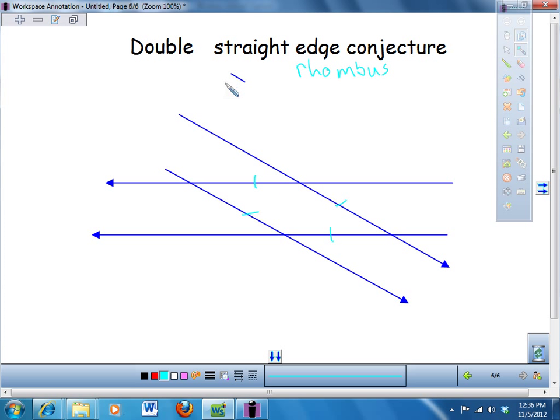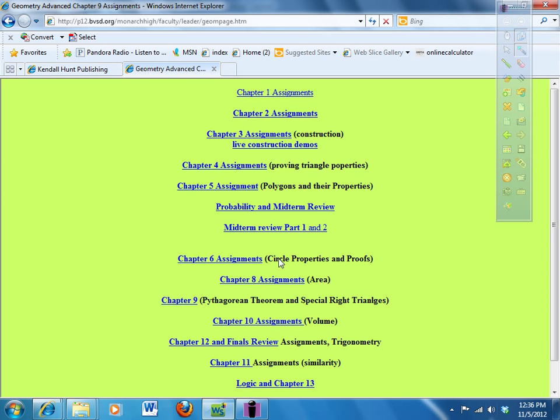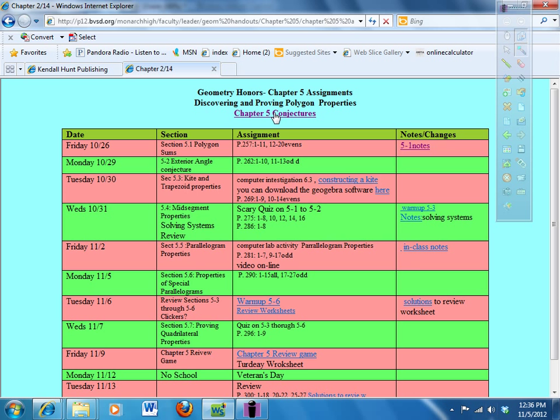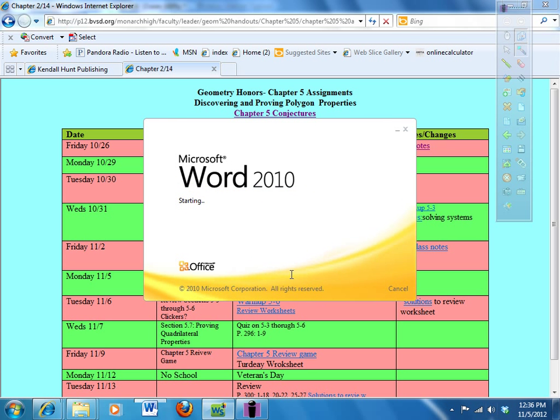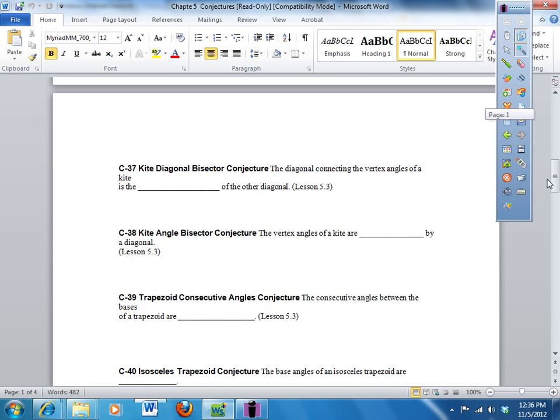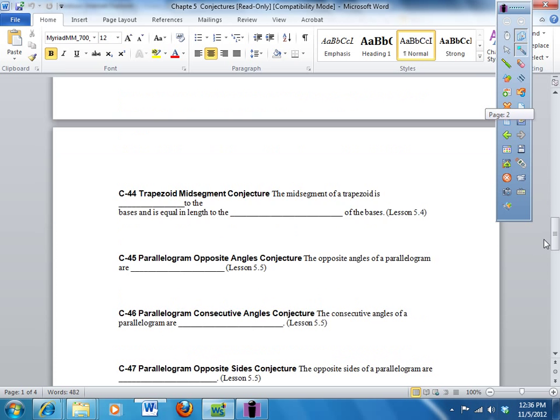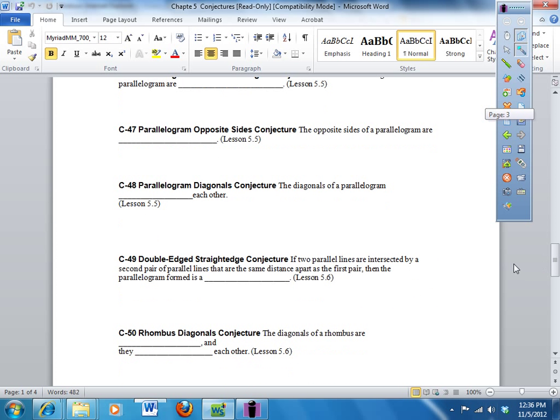But what that says, the double straight edge conjecture, if you go to my website and go to Geometry Assignments Chapter 5, here's my conjecture. The double straight edge conjecture, which you should have somewhere on your sheet, number 49.